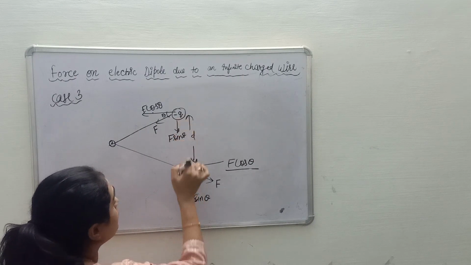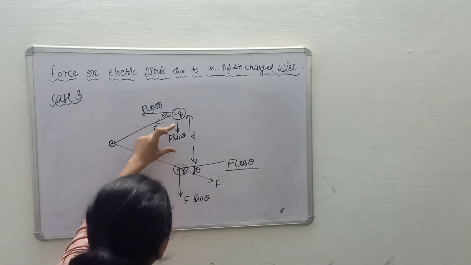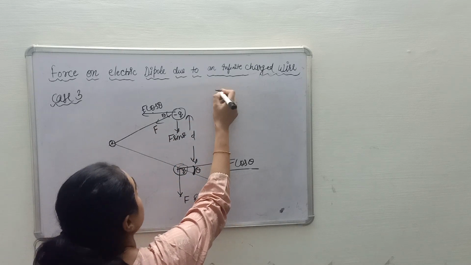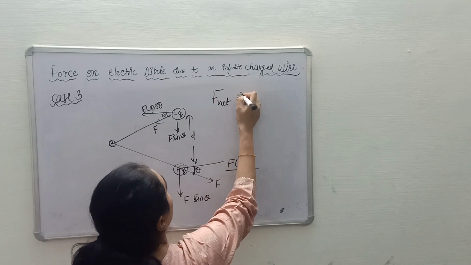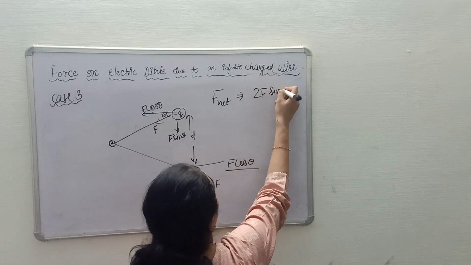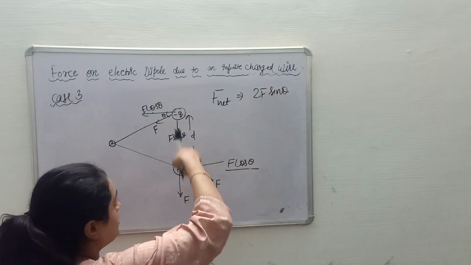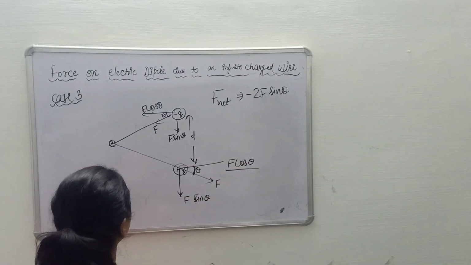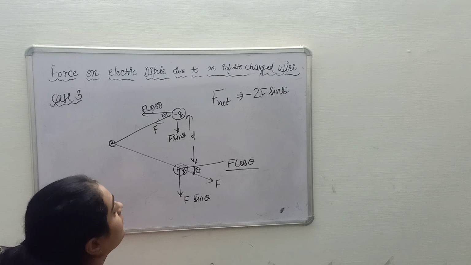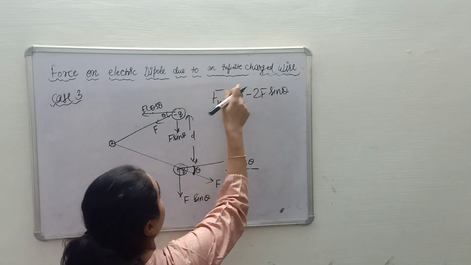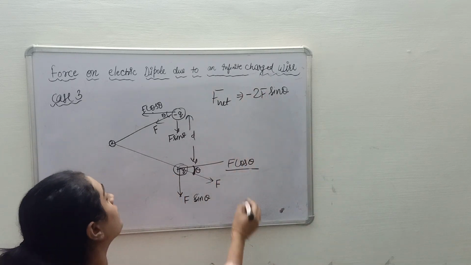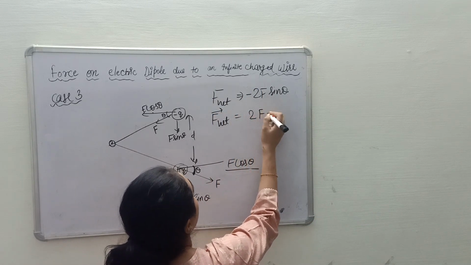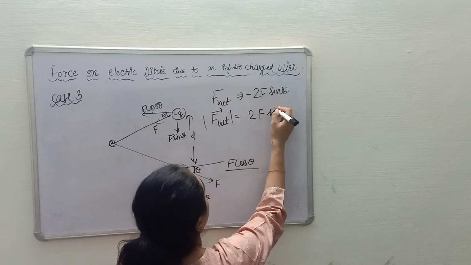Now the net force is due to the combination of these two components only, right? So F net will be equal to 2F sin theta, with the direction negative, so it's minus 2F sin theta. Clear? If we take the magnitude, we take the positive sign. So F net is twice F sin theta.